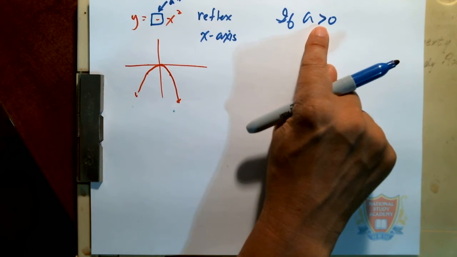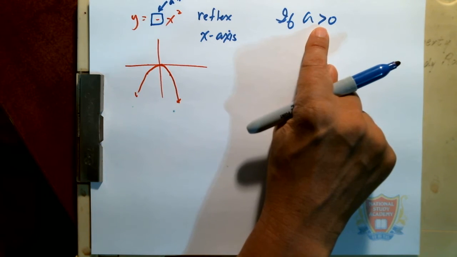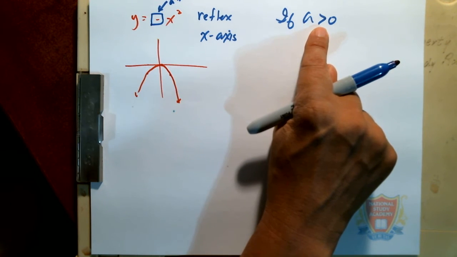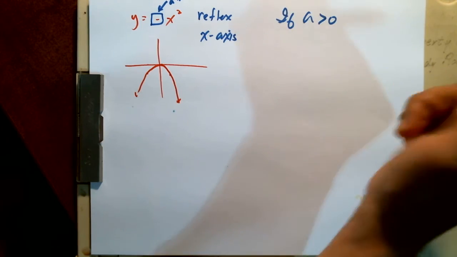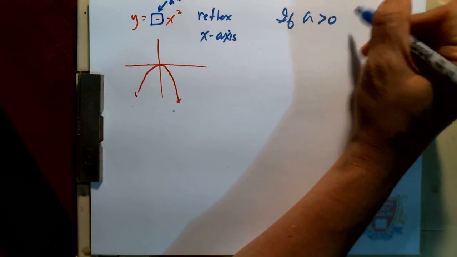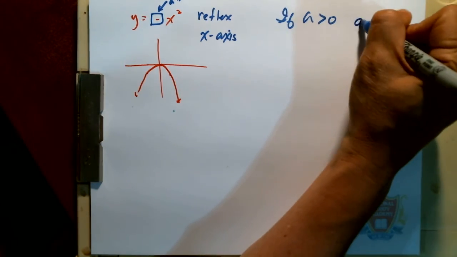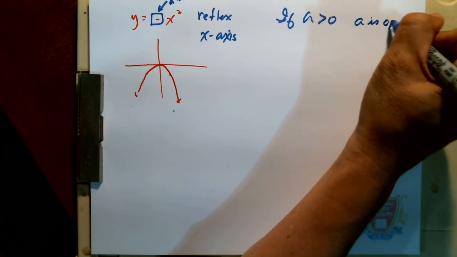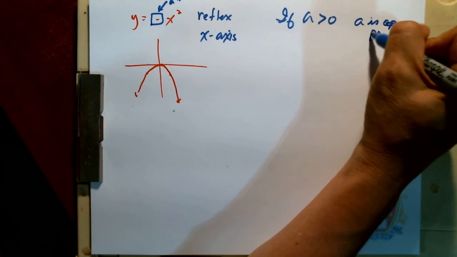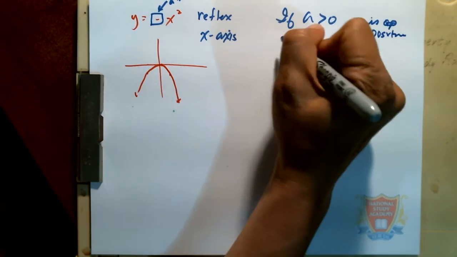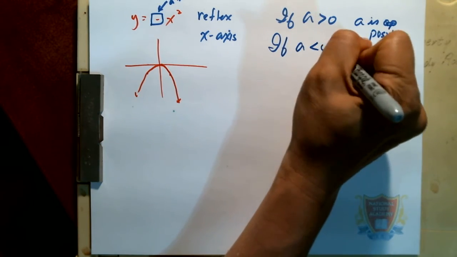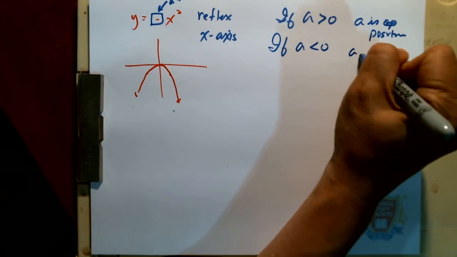Does anybody know? Pause your YouTube video a little bit and see if you can figure out what a greater than 0 means. It starts with the letter P, by the way. I'll give you a couple of seconds. Okay. If you don't know what a greater than 0 means, a is positive. Obviously, if a is less than 0, a is negative.